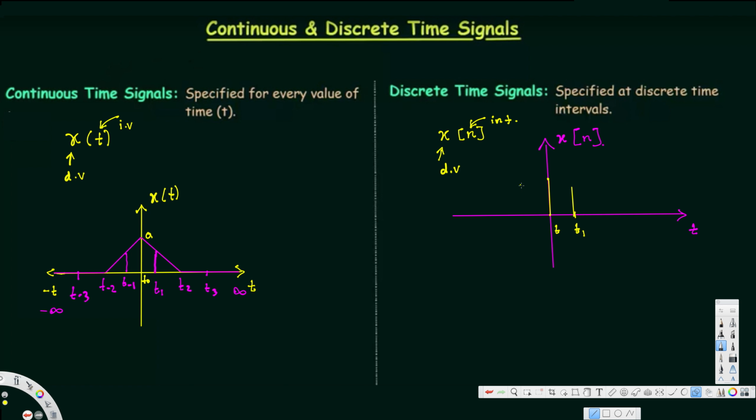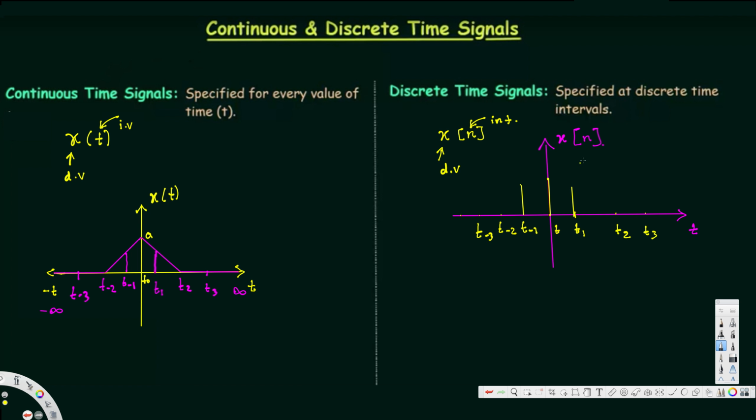At t negative 1 we have this one, and at t negative 2 it is 0, and here 0, it goes like that.